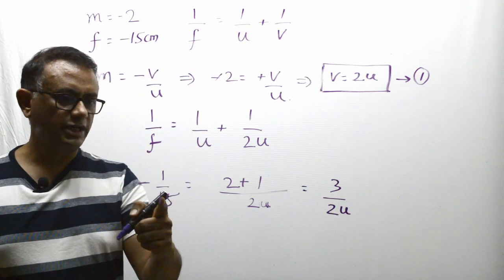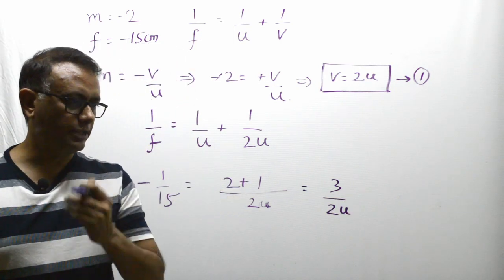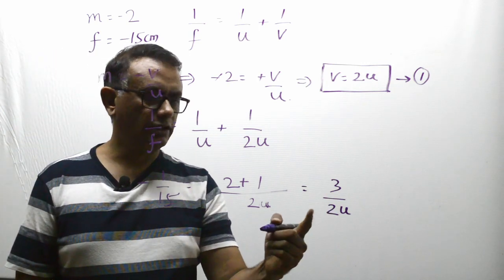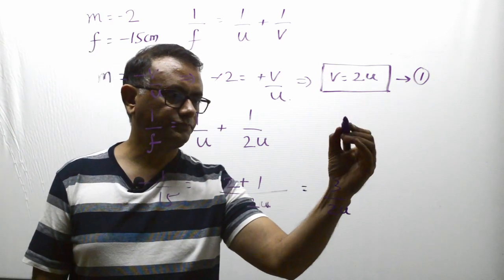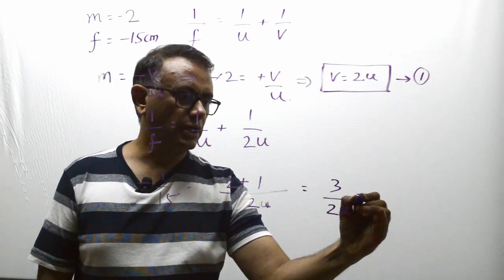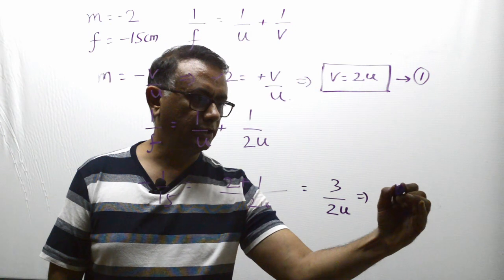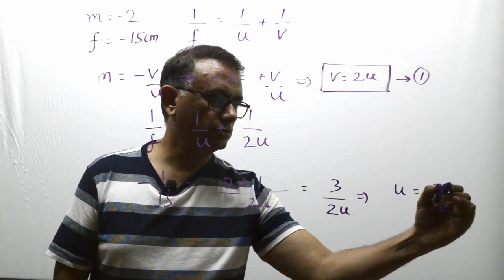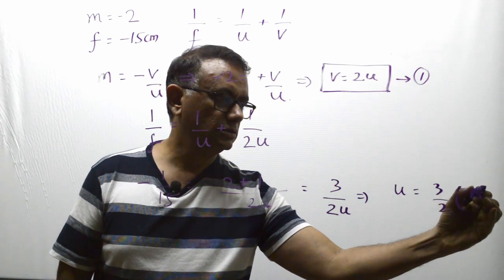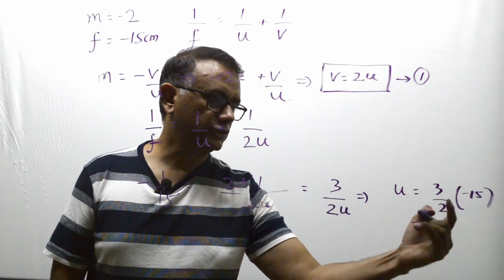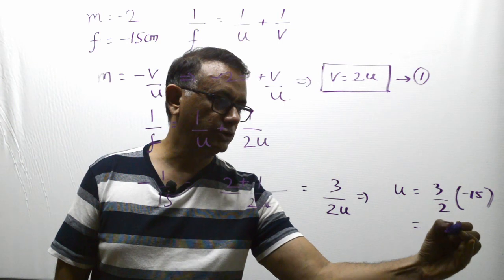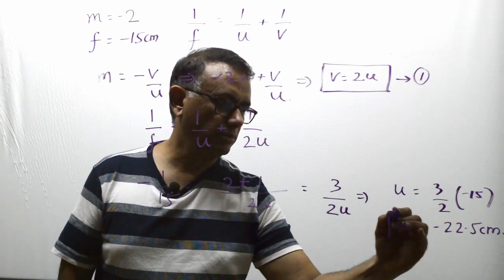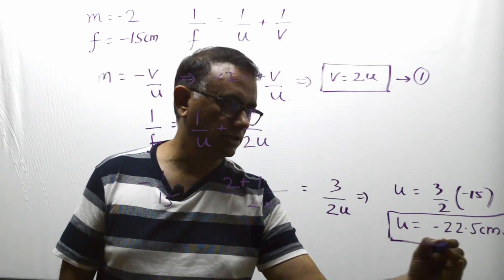Okay, so now we have minus 1 by 15 is equal to 3 by 2U. We can readily find out U. Okay, so we will write it here. Implies U, we take it that side, U is equal to 3 by 2 into minus 15, which is going to be minus 45 by 2, minus 22.5 centimeter. So U is going to be minus 22.5 centimeter.